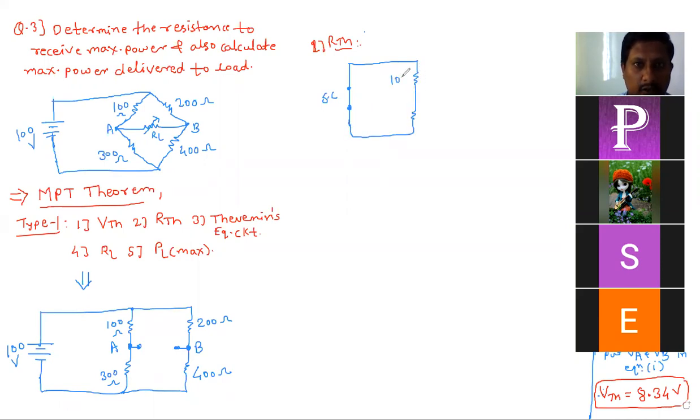So this is 100 ohm, this is 300, this is 200 and this is 400. Between A and B we have to find out the RTH, this is A, this is B.